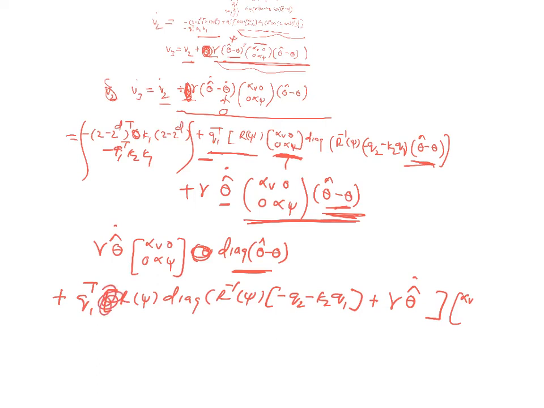So this is multiplied here, q1 transpose, this is multiplied by this quantity. And alpha v 0 0 alpha psi, diag of theta hat minus theta. So this is outside, this is outside.